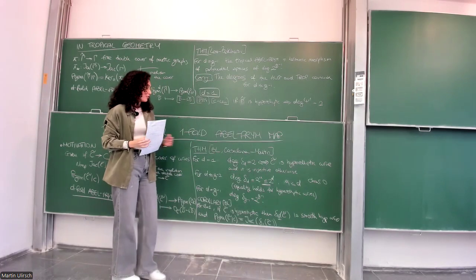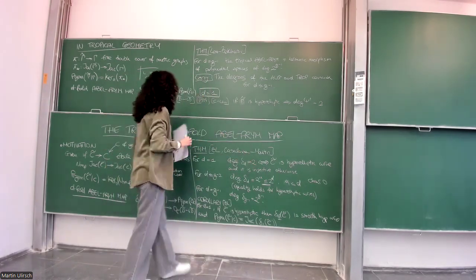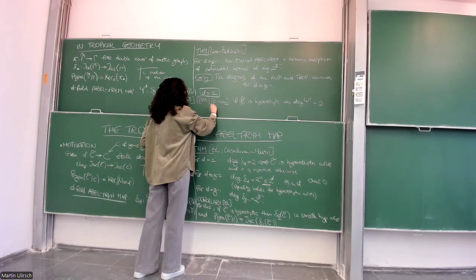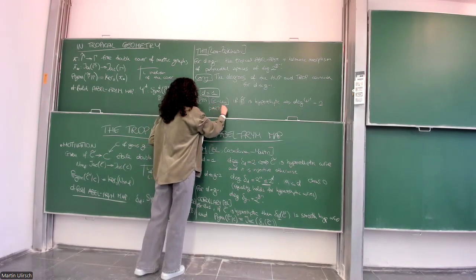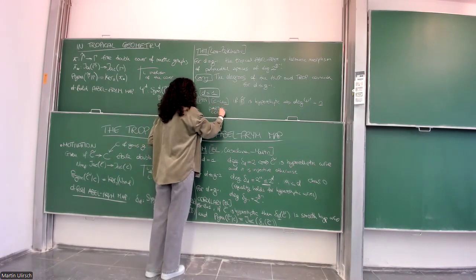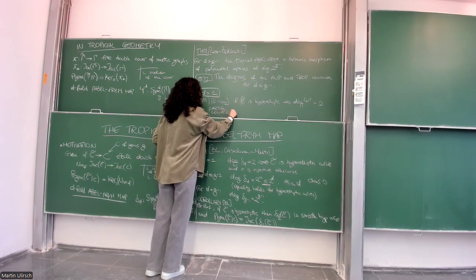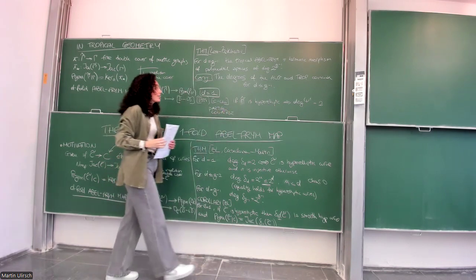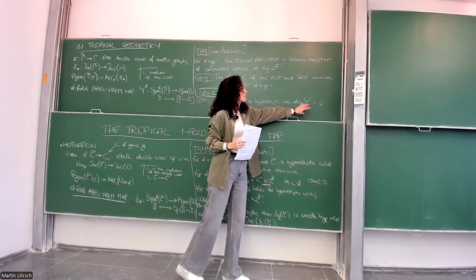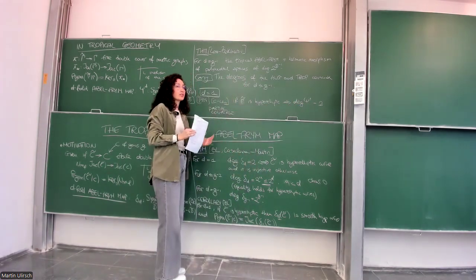But we don't have the opposite. We have a partial converse. Only if the Abel-Prym map is also finite, we get hyperellipticity.